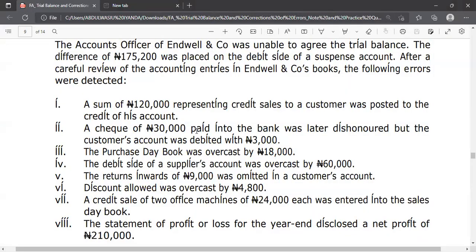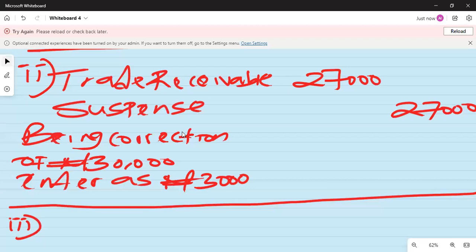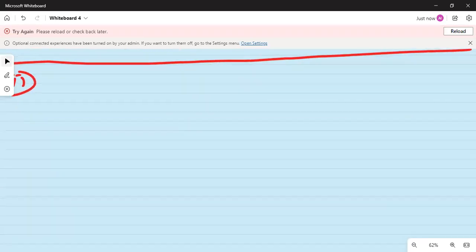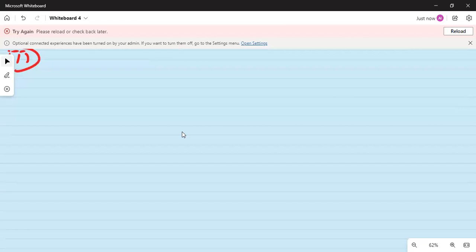Then the next one, they say the purchase day book was overcast by 18,000 naira. Purchases is part of purchases and expenses, so expenses is overcast and you need to reduce it.